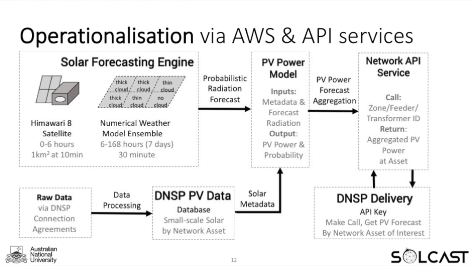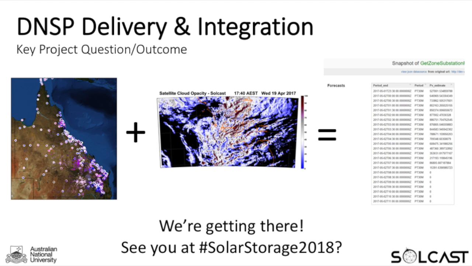So we're building a system that uses this forecasting product I've talked about, uses the metadata from the PV systems I've talked about, and organizes the solar forecast by the distribution network, and then makes that available back to the DNSPs, so that they can actually look into this API, throw through an identifier for a zone substation or a feeder line, and figure out what solar is doing right now, what it's likely to do in the future, and what it's done in the past. This is a key part of enabling these DNSPs to adjust their planning and operational scenarios to deal with more solar intermittency.